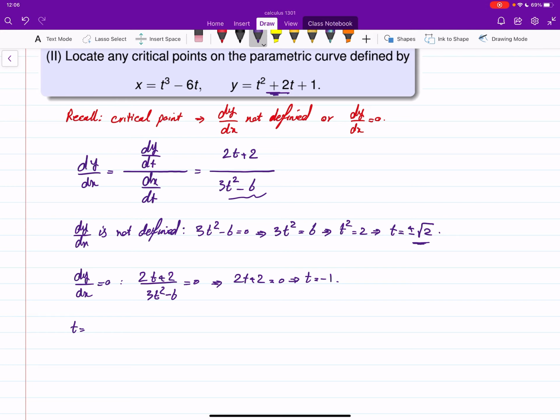So for t equal to root 2, I'm plugging into x, so it will be root 2 to the power 3, which is root 8, minus 6 times root 2. How about y? This is just 2 plus 2 root 2 plus 1.